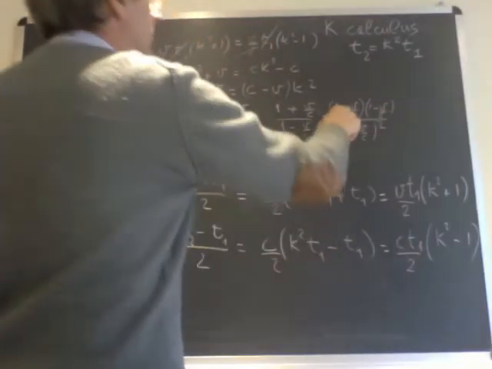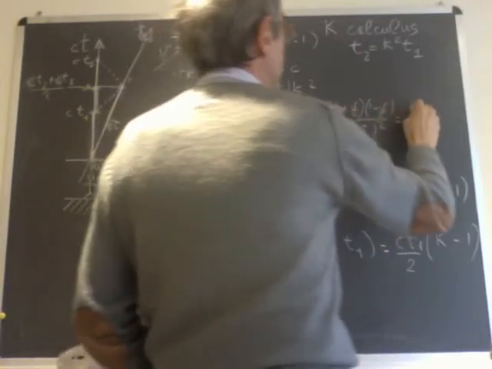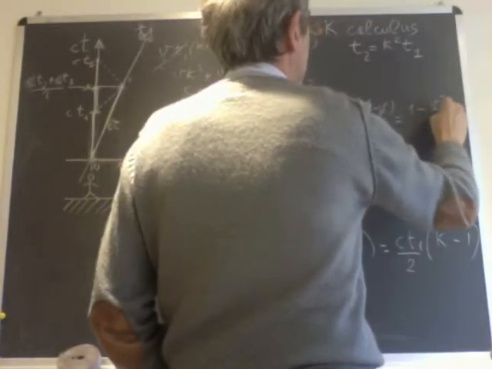Okay, but this again is equal to 1 minus v squared over c squared.